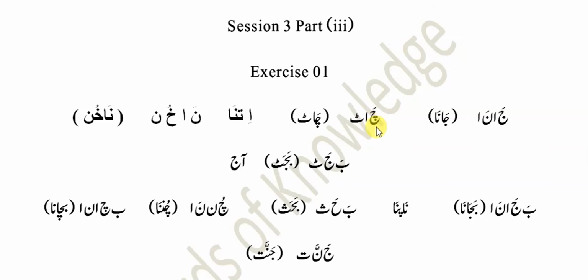Next word is Che. The first alphabet of the word is Che. It has a diacritical mark over it, same. So we'll read it like Che Zabar Alif, and then we read Te, like T for tall. Che Zabar Alif, Te.